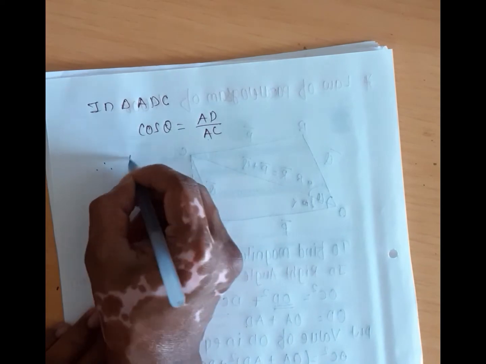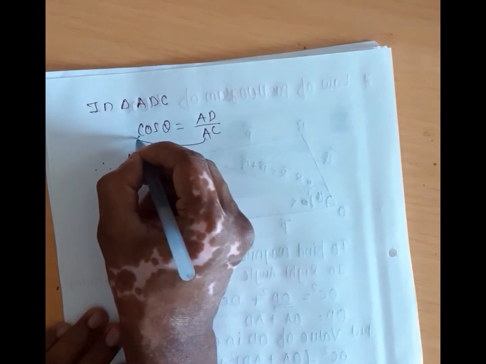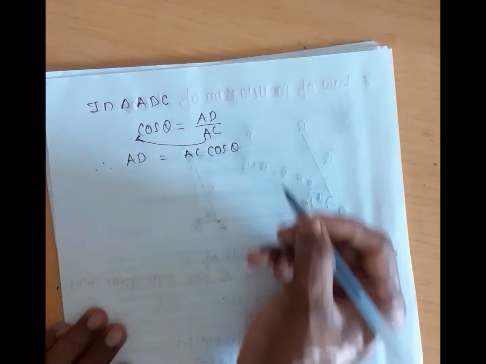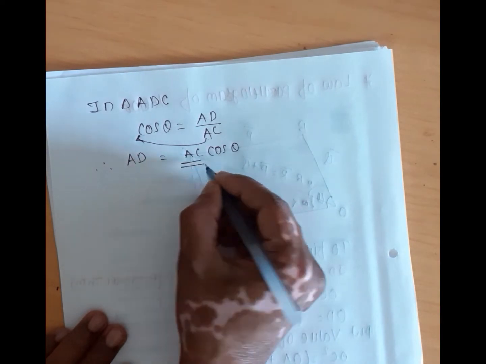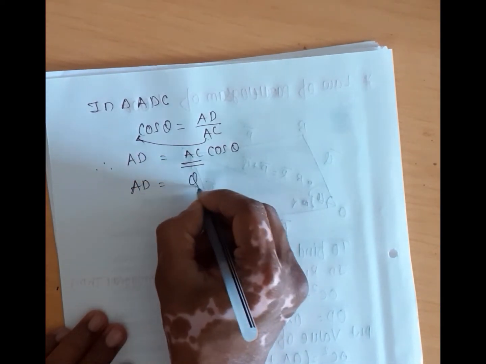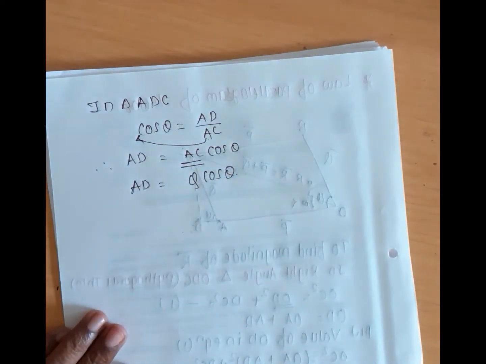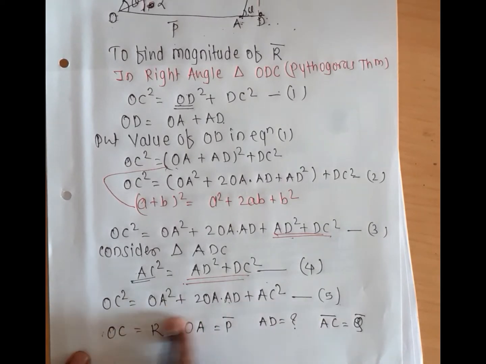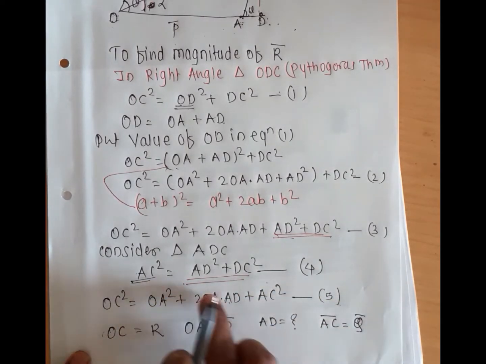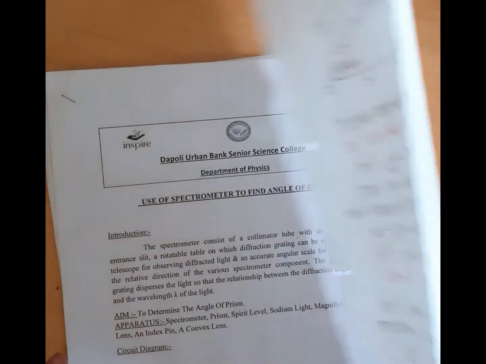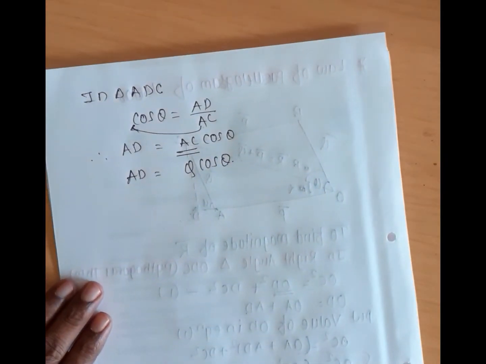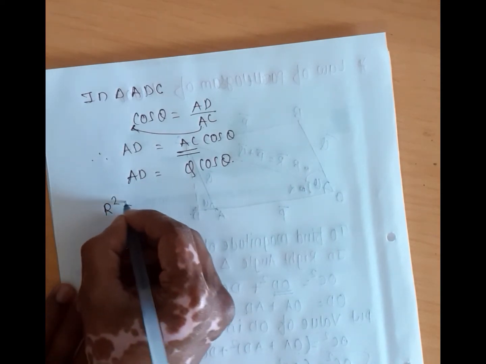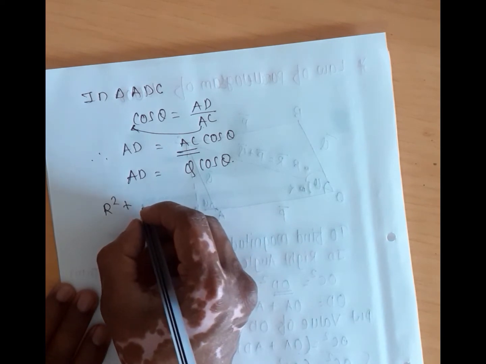Therefore AD is equal to AC cos theta. But according to the definition, AC is equal to Q. So AD is equal to Q cos theta. Then in equation number 5, all these values are substituted. OC is R square, OA is P square.